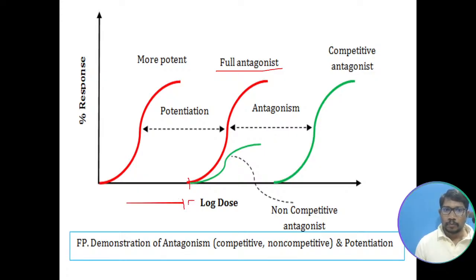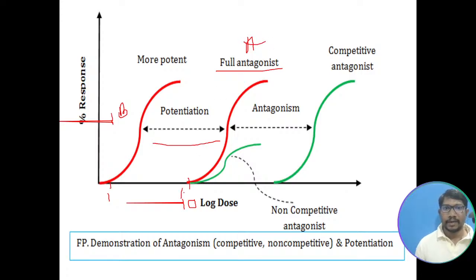If the dose of full agonist is 10 milligram, and if less dose of drug is required to produce the same effect, मान लीजिए यहाँ पे 1 milligram. So if only 1 milligram dose is required to produce the same effect which is produced by full agonist, that drug is known as more potent. मान लीजिए ये बी ड्रग है, ये फुल एगोनिस्ट को बोलेंगे अपन ए ड्रग.